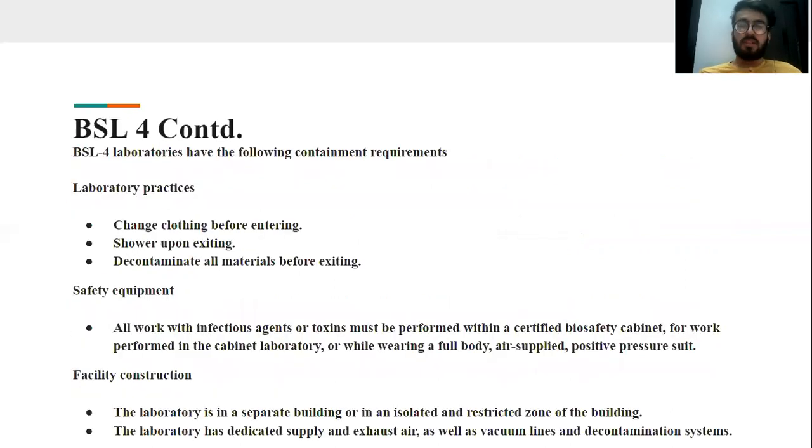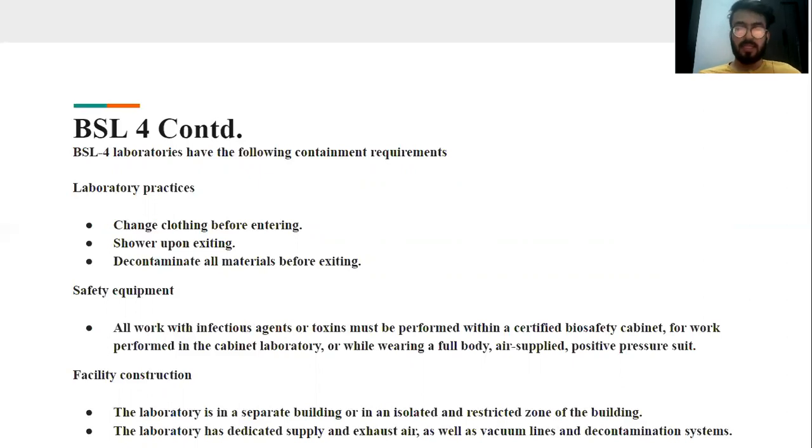Now, special considerations under BSL-4 are they must change clothes before entering. Shower is a must. Decontaminate all materials before exiting. Safety equipment: all work with infectious agents or toxins must be performed in a certified biosafety cabinet.